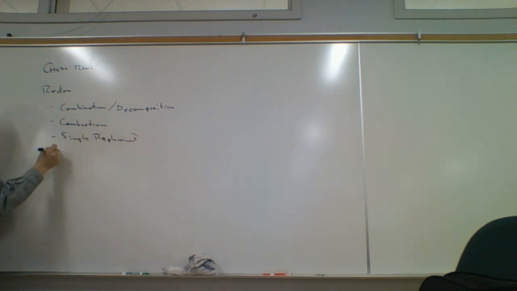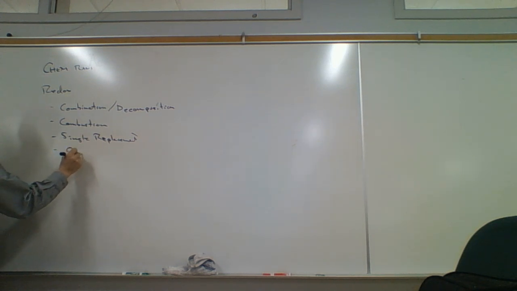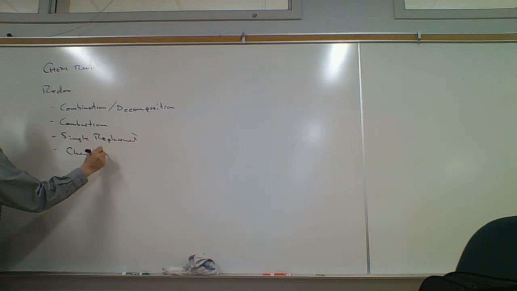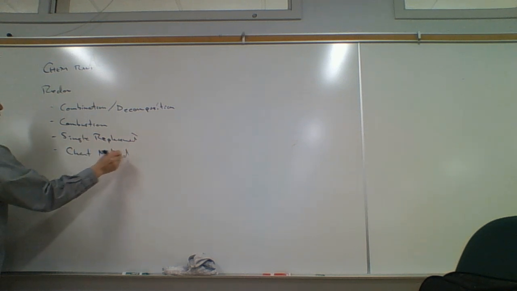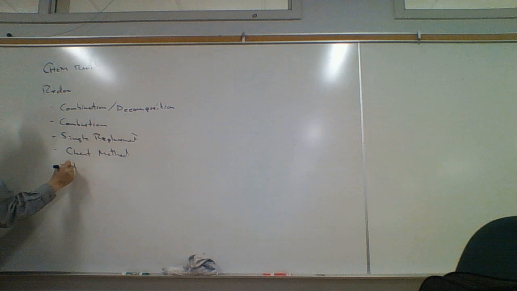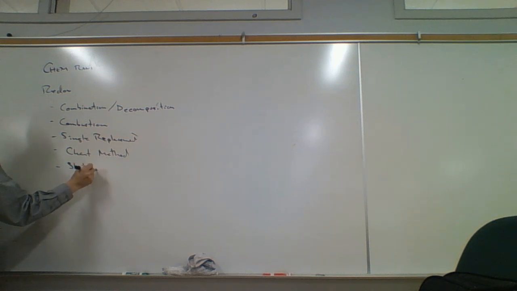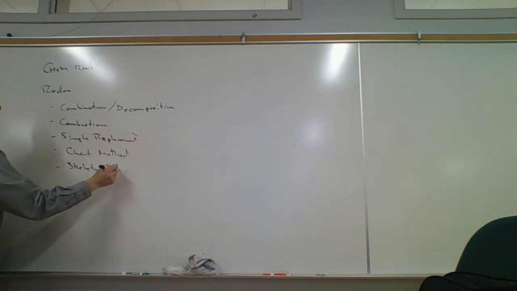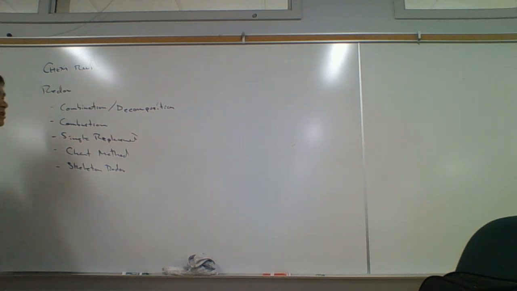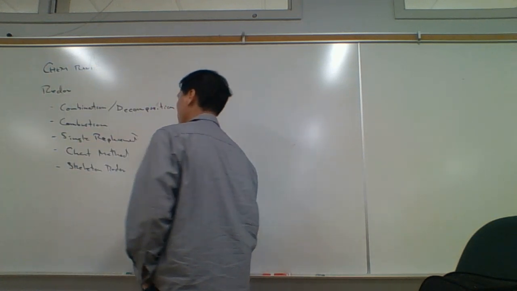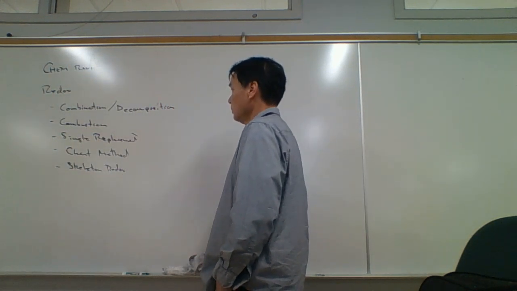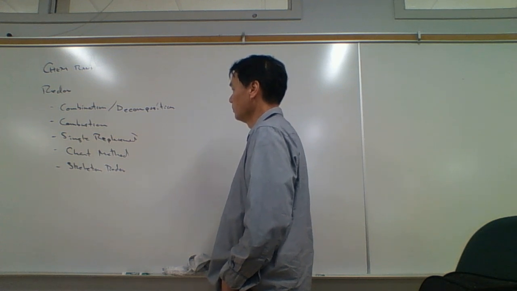And then we're going to have two more methods. One is called the chart method, and the other is skeleton redox. Skeleton redox we'll talk about later. We're going to talk about the chart method here for predicting wet products.